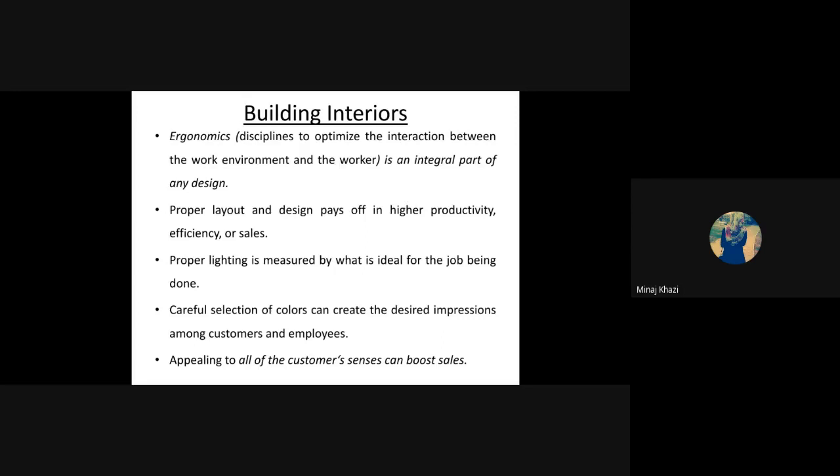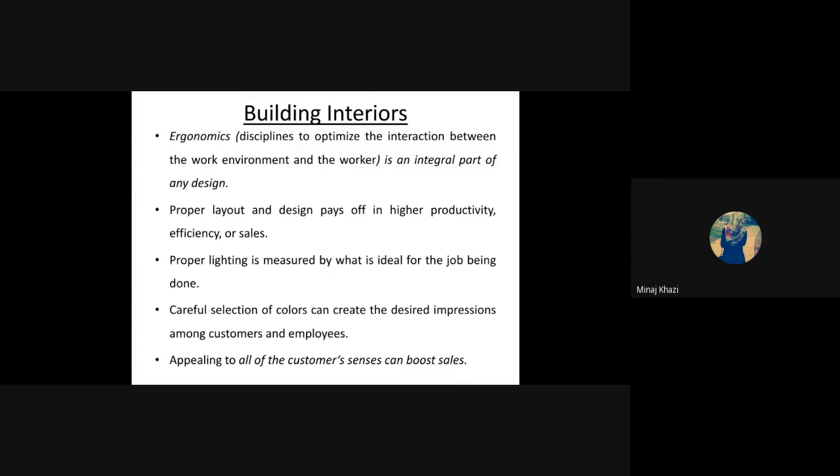Then a proper layout has to be selected. Any designs people create should be highly productive and very efficient, and the layout or interior arrangement should lead to sales. Then good proper lighting should be used.